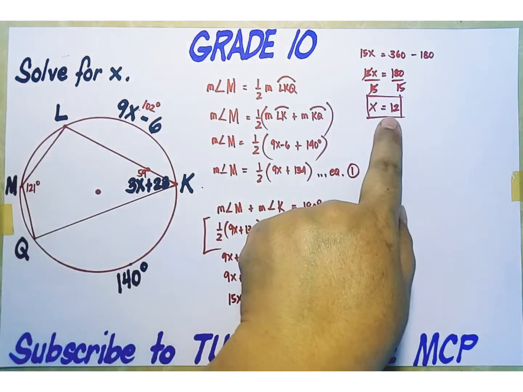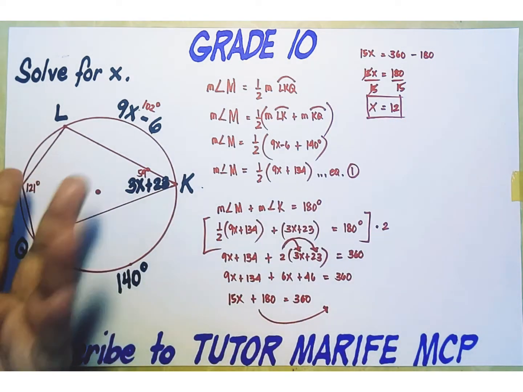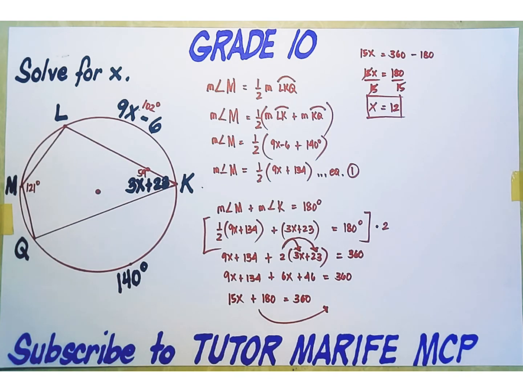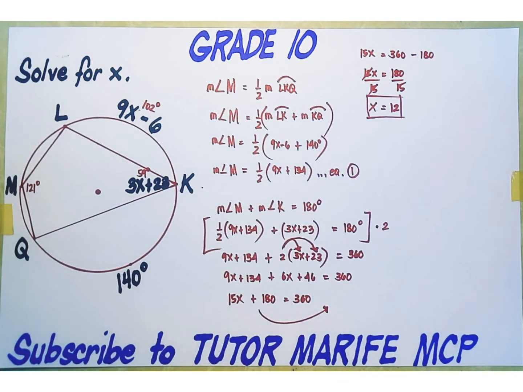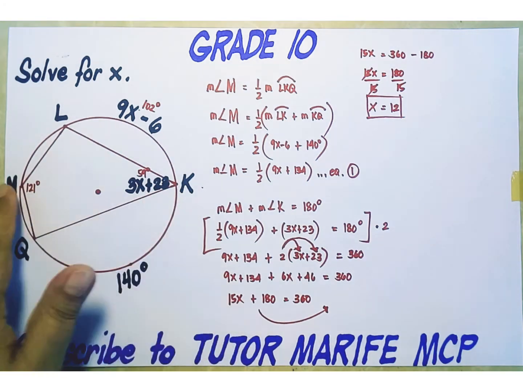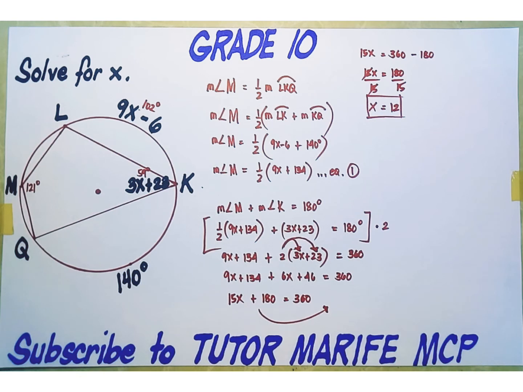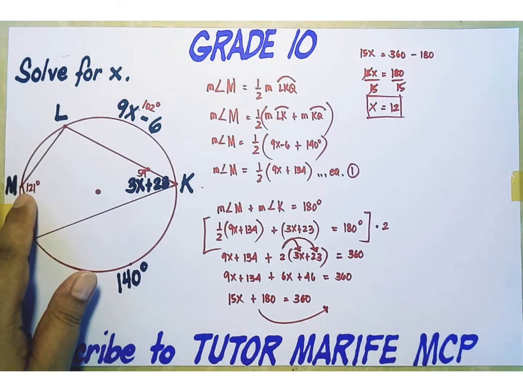So we validated x equals 12 using the first theorem. We can also validate x equals 12 using the theorem relating the opposite angles of a cyclic quadrilateral. And that theorem says that the opposite angles of a cyclic quadrilateral add up to 180 degrees. Let's double check.